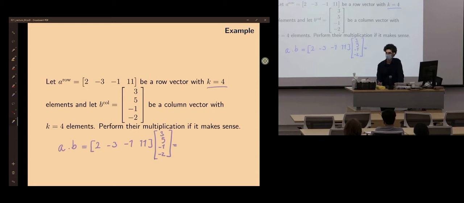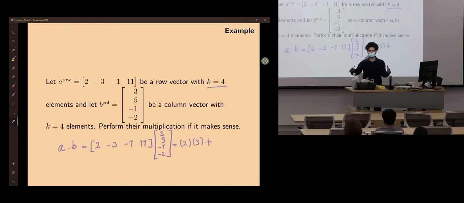You tell me, I will write. Two times 3, plus. Why plus? Why not minus? By definition, that's correct. The definition was summation. Once you define something, you stick to it. That's the structure.